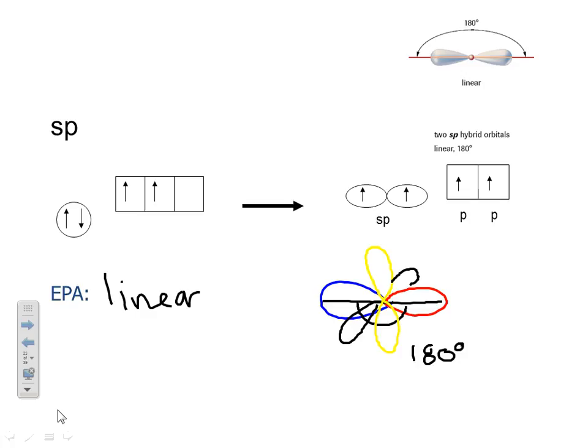This picture, you might think, looks like 3 p orbitals. One in the x, one in the y, one in the z. But it's quite different in that we've taken an s orbital and mixed it with a p orbital to create 2 separate orbitals.